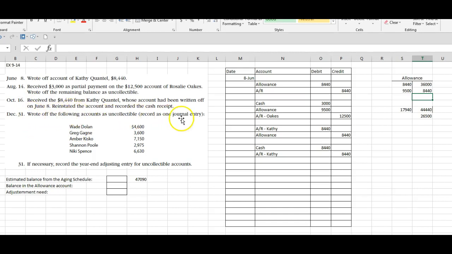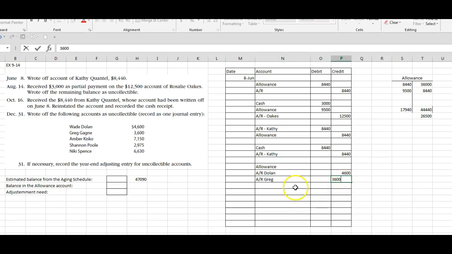Okay, then I did this write-off of all of these. So I know the allowance account is going to be debited, but I don't know for how much, so I have to figure that up. So let's go with the flow here. Dolan for 46, Greg for 36.